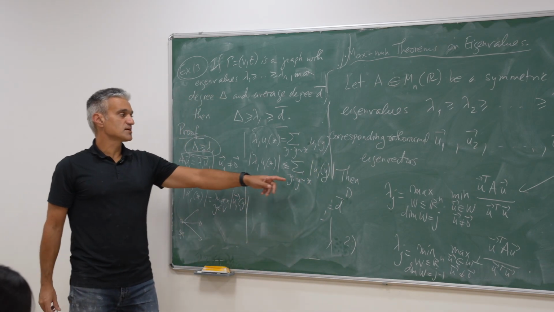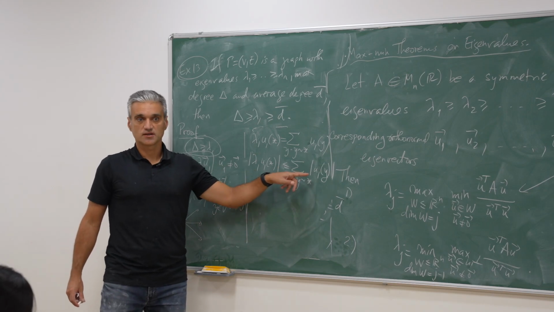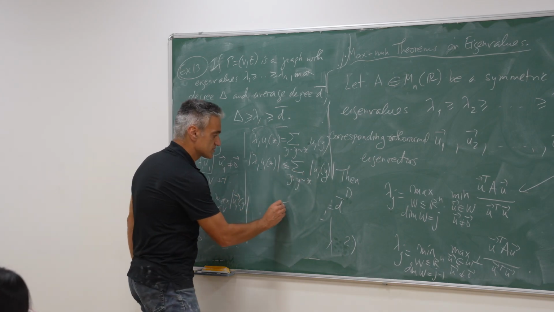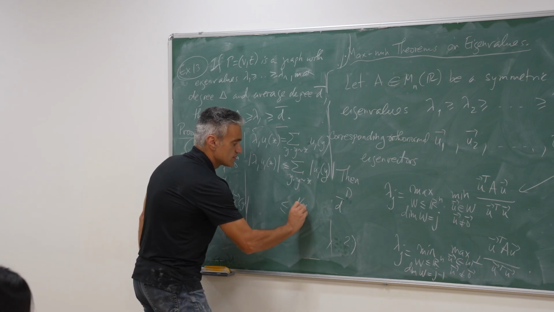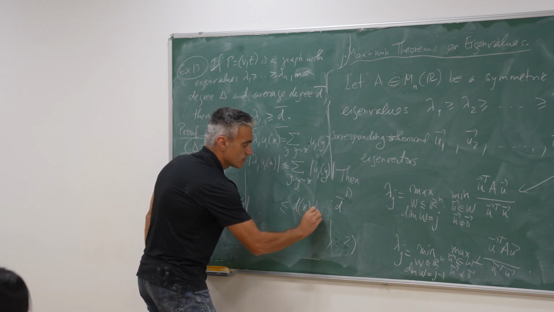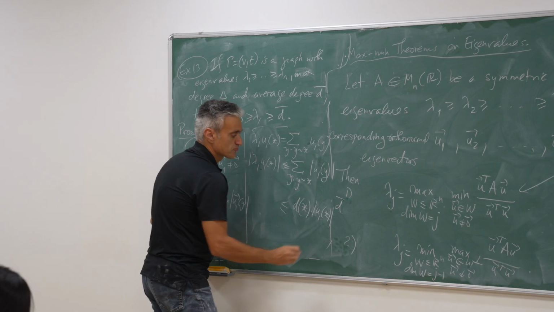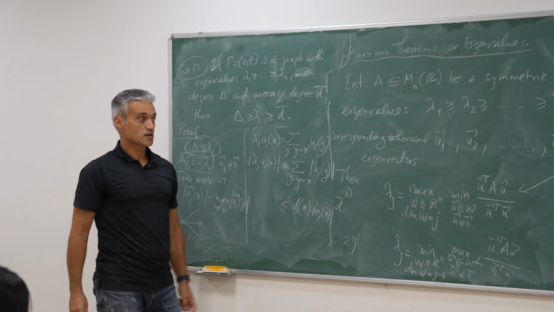But which one is the biggest value of these u1s? Right, it's the u1 x. So this is going to be less than or equal to the degree of x times absolute value of u1 x.